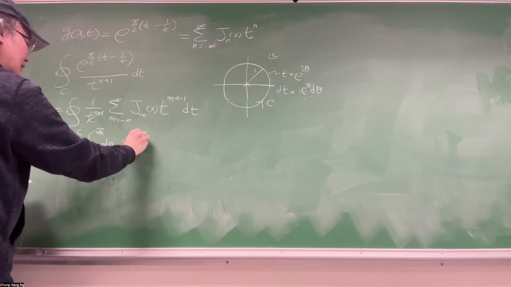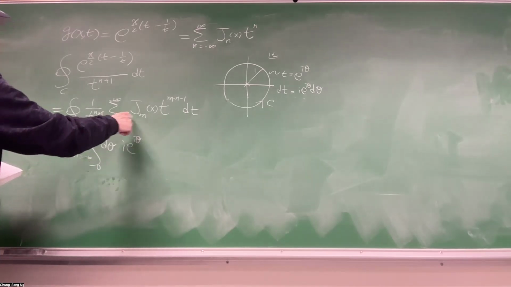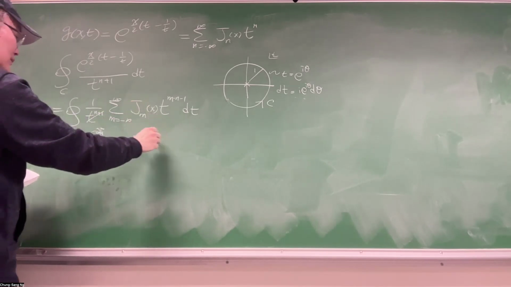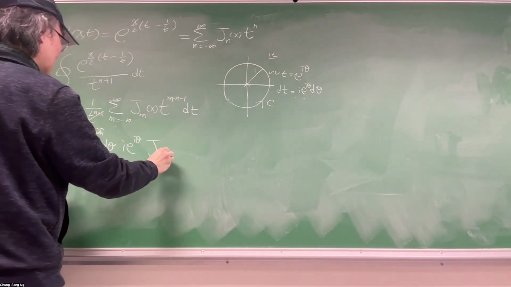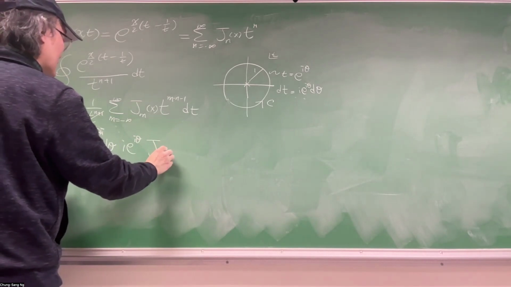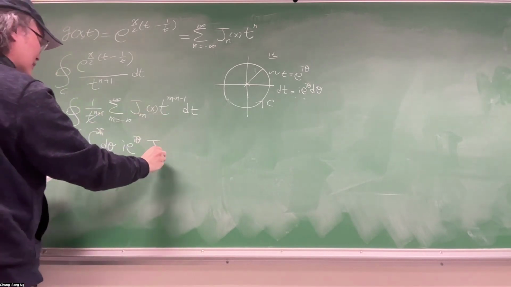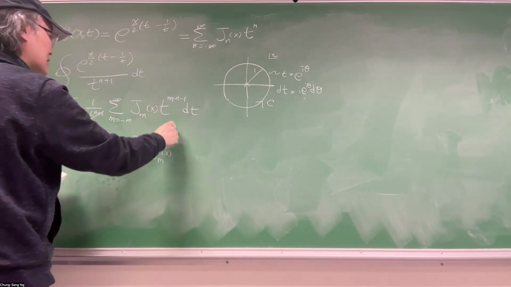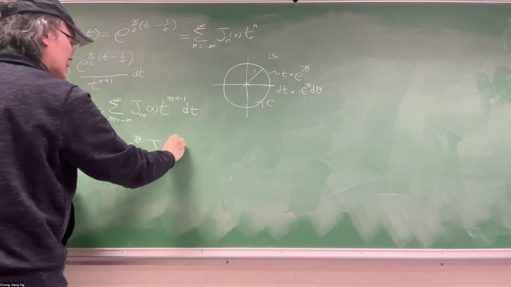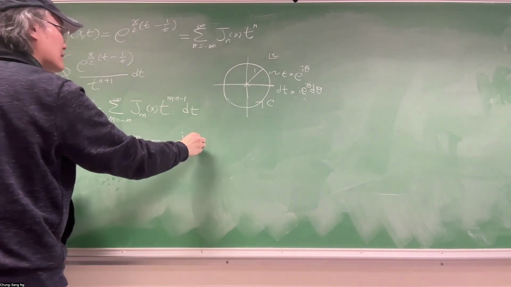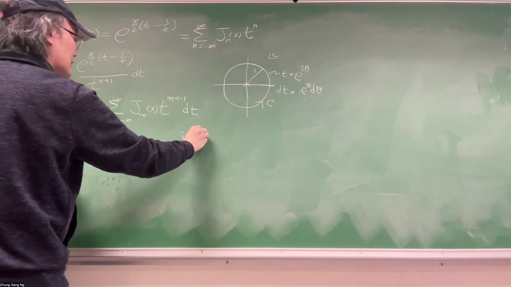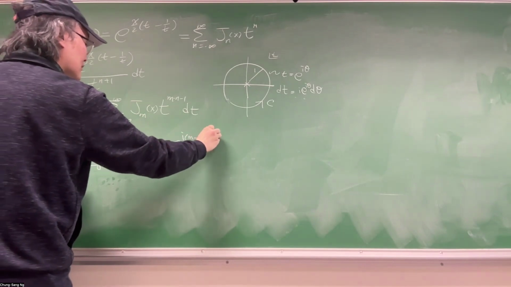The dt is I e to the I theta d theta. For J sub m, just keep it; there's nothing you can do about it, because it doesn't involve t. All the t is here, so it's e to the I (m minus n minus 1) theta.